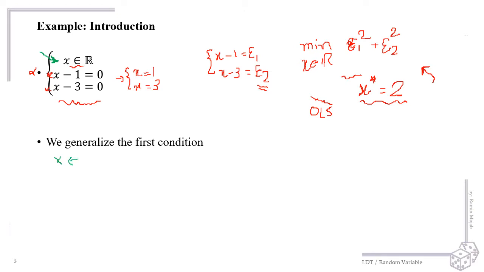For example, assume that an athlete is practicing shooting at an archery target, and x is his score. In other words, his first score is 1, his second score is 3, and now we want to predict his third score.